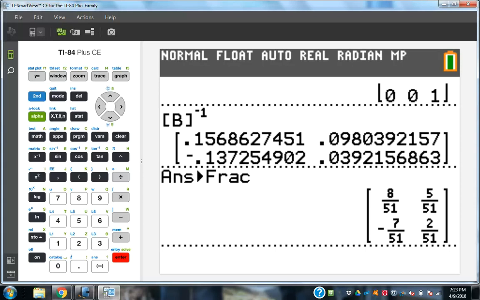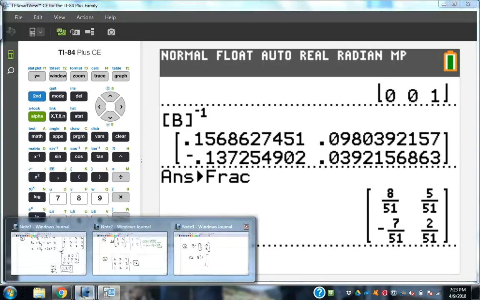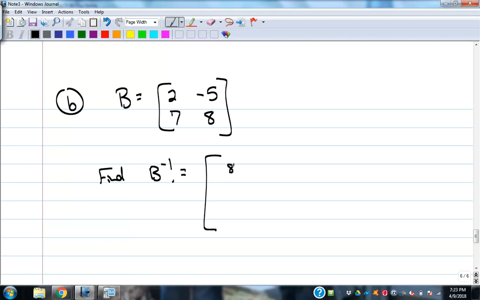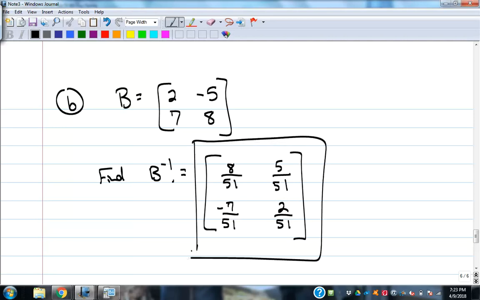8 over 51, negative 5 over 51, negative 7 over 51, and 2 over 51. There's the inverse. If you multiplied matrix B times the inverse, you get the identity matrix back.